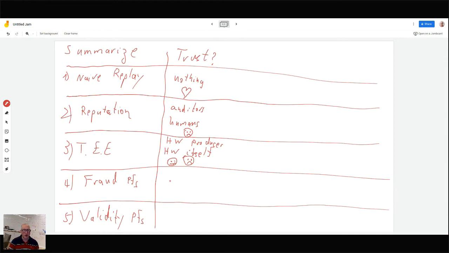Then we have the fraud proofs, where it's like half naive. Oh, sorry. Who do we trust here? Well, I would say we have to trust the game theory, incentives.